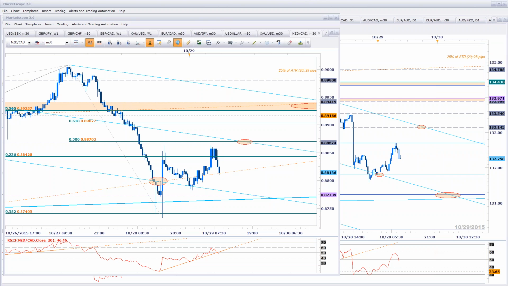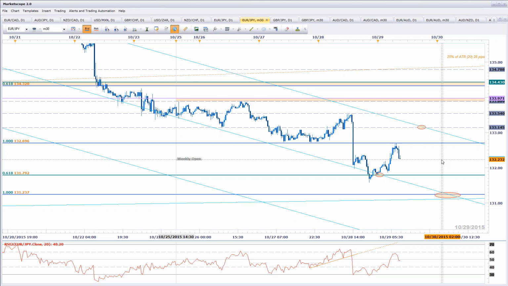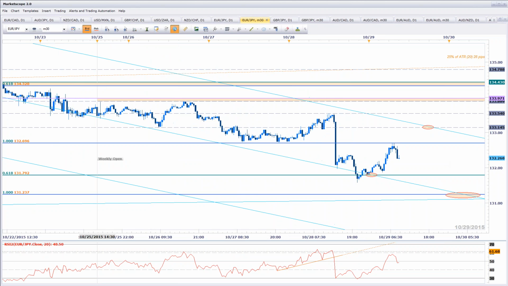All right, so that is Euro Yen. Kiwi CAD, went over those. Okay, someone wanted Euro Oz. David, was that you? David Fernandez. Yes, Euro Oz, man. Let's take a look.